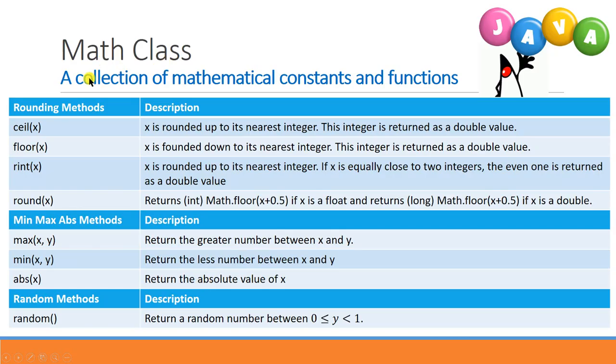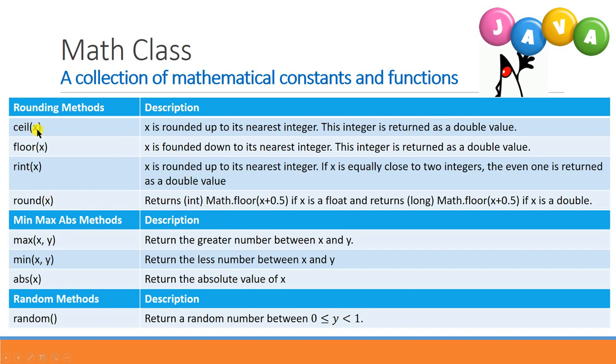And in the Math class, we have a collection of mathematical constants and functions. And we have these different rounding methods. Ceiling is the nearest integer that is larger than the current value x. And floor is the nearest integer that is smaller than the current x floating point value. And round is using the standard definition of the rounding operator in mathematics.